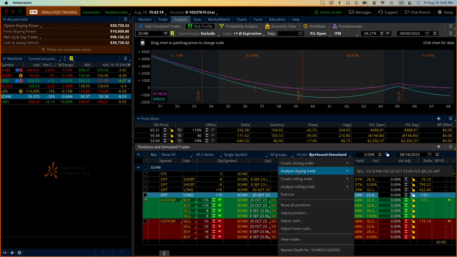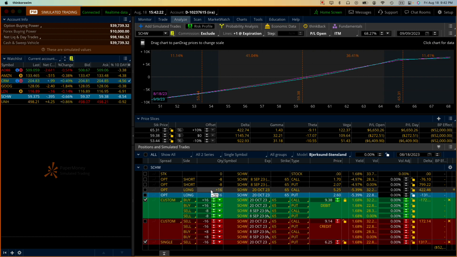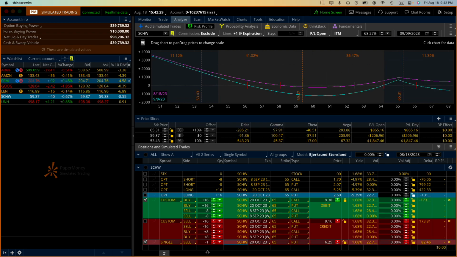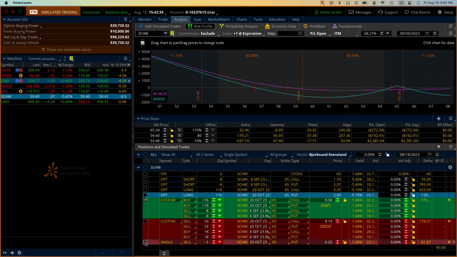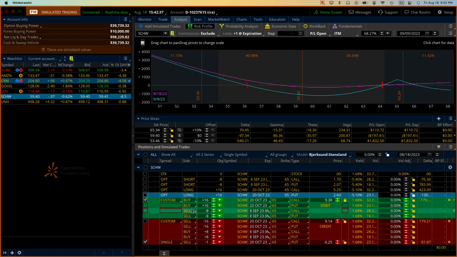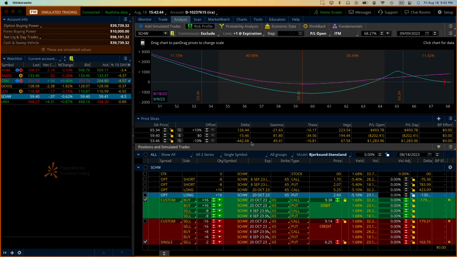So let's analyze closing here on one of my, if I did them all, that's not what I want. Let's start with one single put here. Okay, and that changes my deltas from 179 to 97. That's a way to get quite a bit of profit. If I sold 2, that neutralizes my delta, and if the stock rallies up, that would be great.